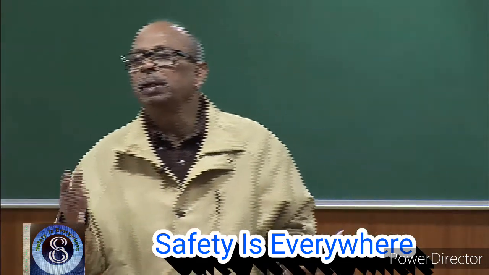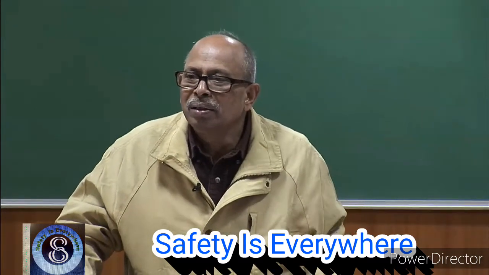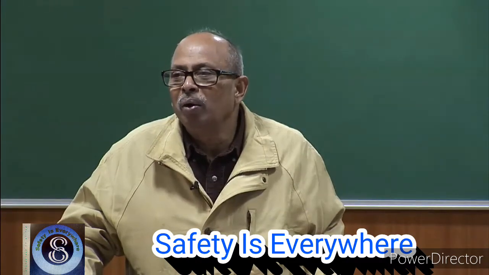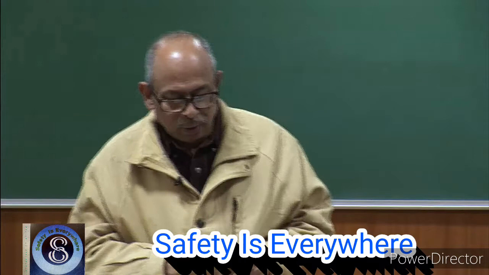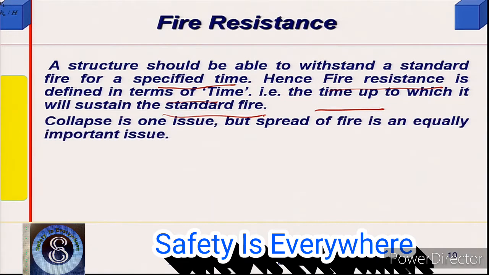People will talk in terms of a 1 hour fire resistance wall or 3 hours or 4 hours fire resistance wall and things like that. So, fire resistance is talked about in terms of time, up to which it will sustain the standard fire, right.